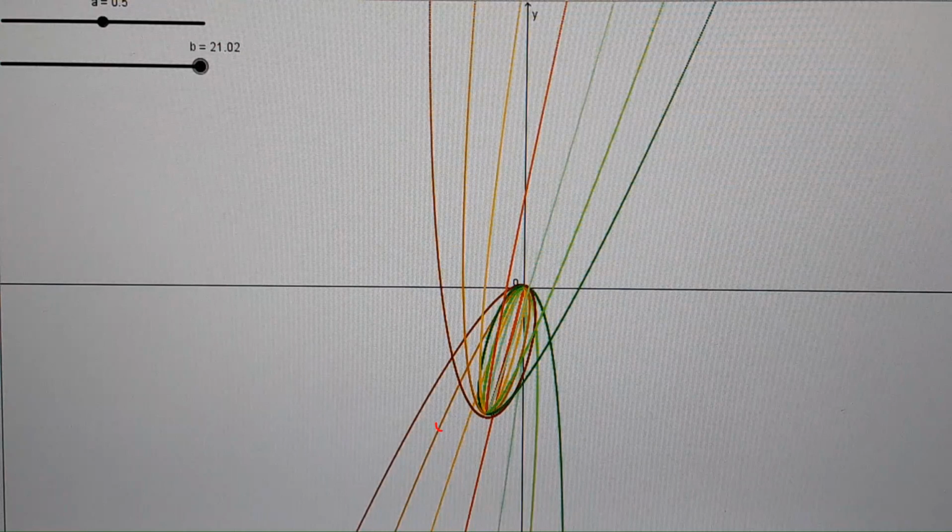These two graphs stand for the values u1 and u2, and they intersect at the origin.